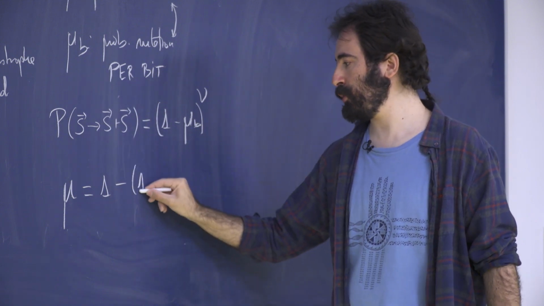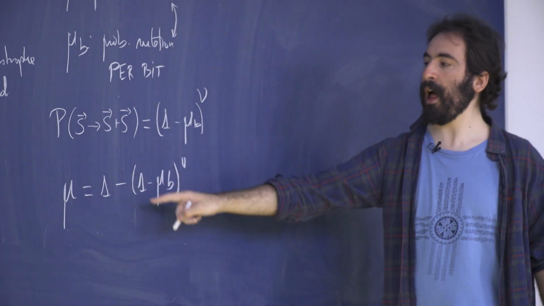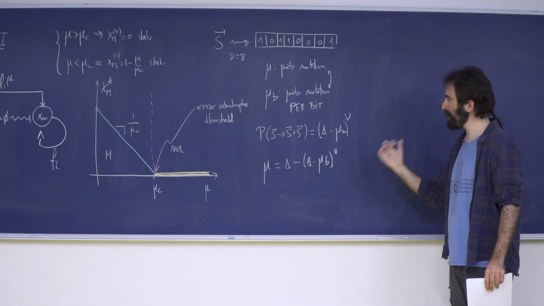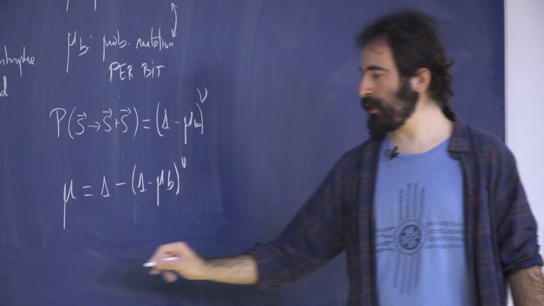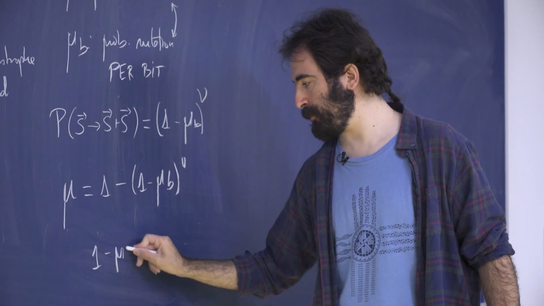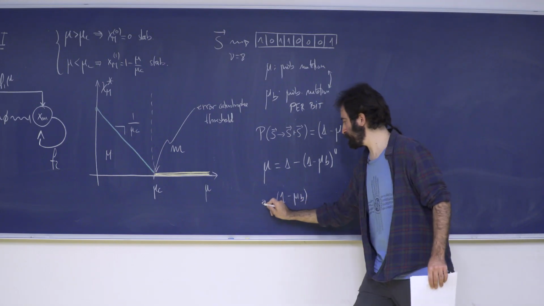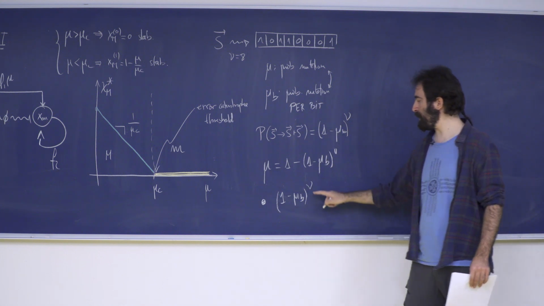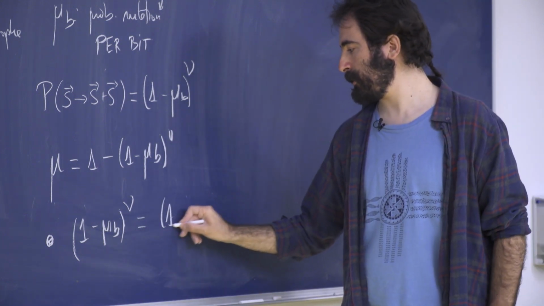In other words, mu should be 1 minus the probability that everything goes well. Okay? Great. Now we can work a little bit further with mu, right? We can, for example, use this approximation. If mu sub b should be the probability of mutating a bit, it's rather small, right? And we are raising this to the power of nu. We notice that this is going to be equal to this.